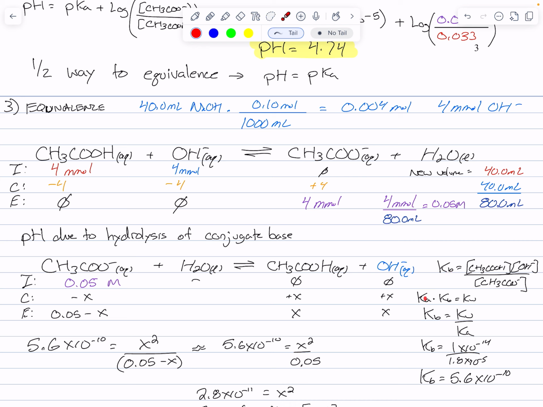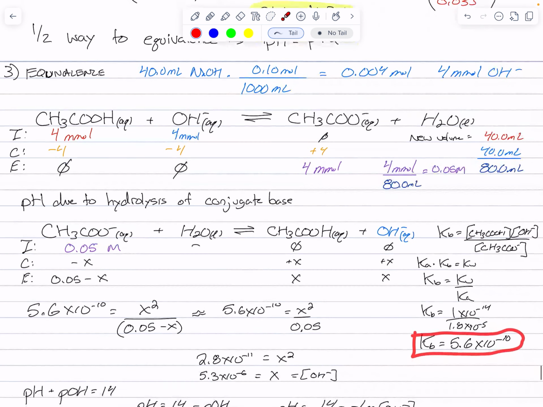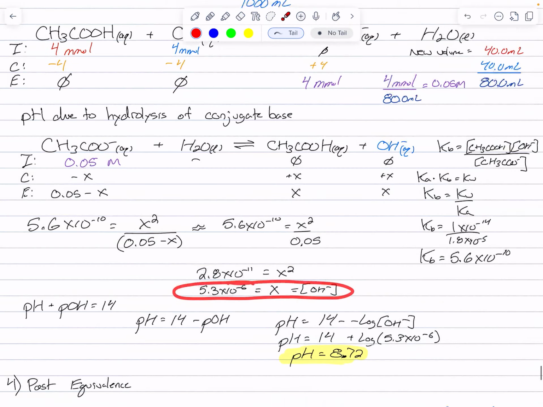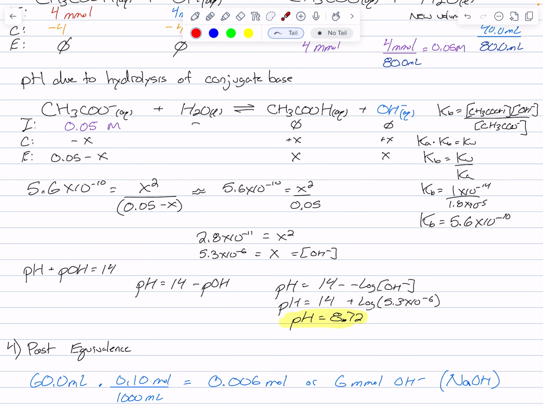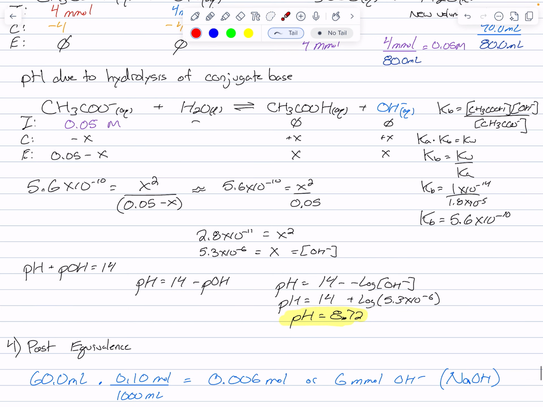We remember Ka times Kb is Kw, right? So we calculated Kb numerically. We put it into the ice table, got our expression for Kb, found that X was hydroxide of 5.3 times 10⁻⁶, which then we just did pH, right? pH plus pOH is 14. Rearrange, solve for pH: 8.72.